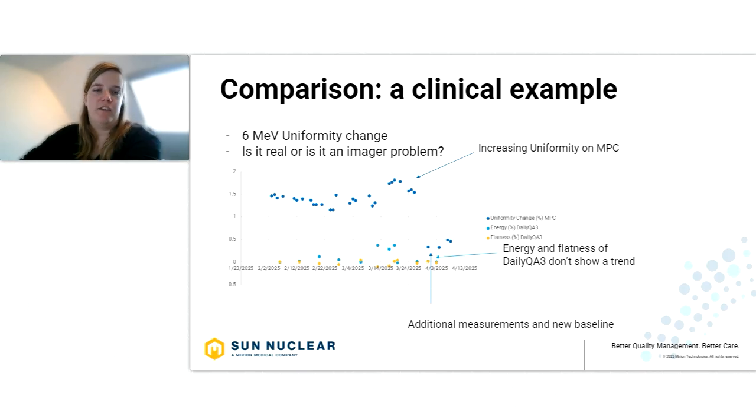So that suggests that it's an imager problem and it's not a real problem with our machine. We did some additional measurements and they also showed that it was not a machine problem, but that it was an imager problem. Afterwards we took a new baseline, and then here you can see that the results are in agreement again.